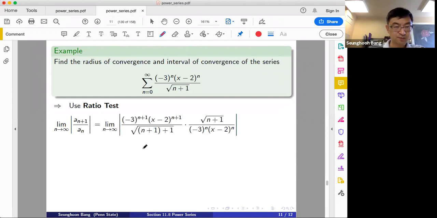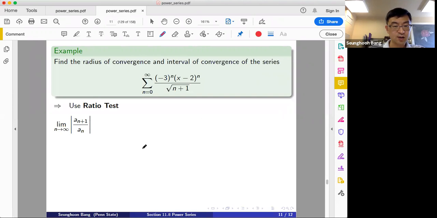This is the same as the limit as n approaches positive infinity of the absolute value of a_(n+1) times 1 over a_n. You plug n plus 1 into n.